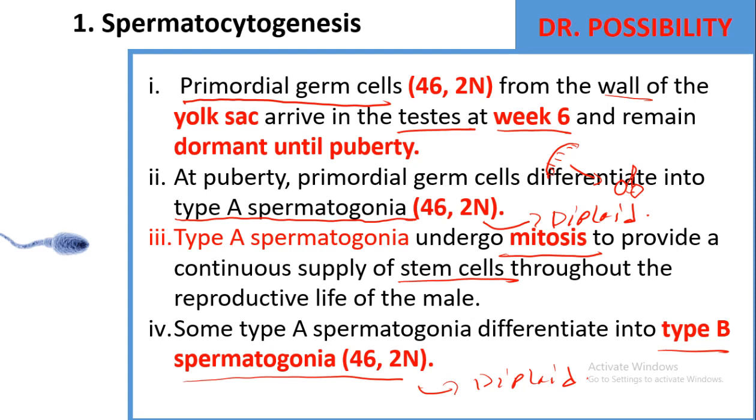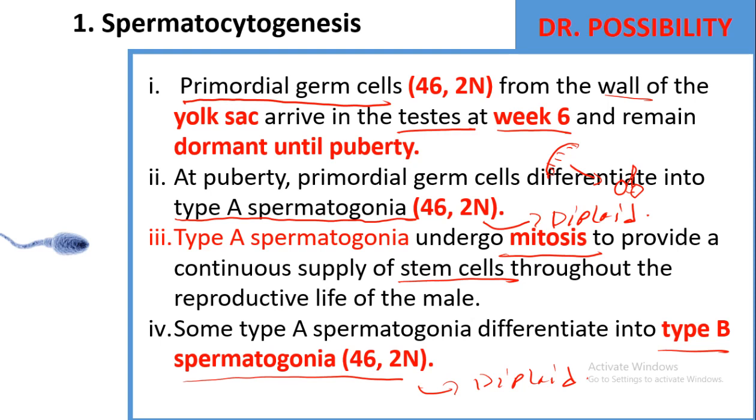So these type B spermatogonia are our area of interest. They are now going to undergo the process of meiosis. Remember, in the spermatocytogenesis phase, there is only mitosis taking place.